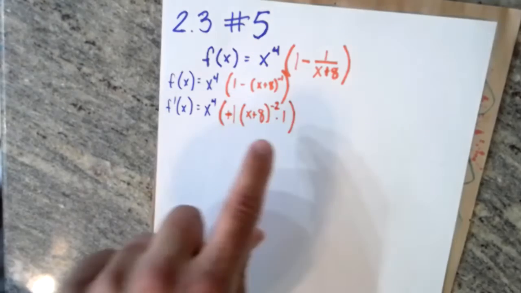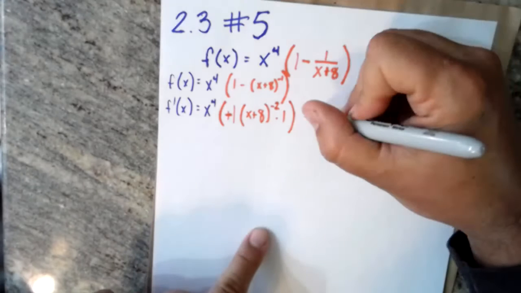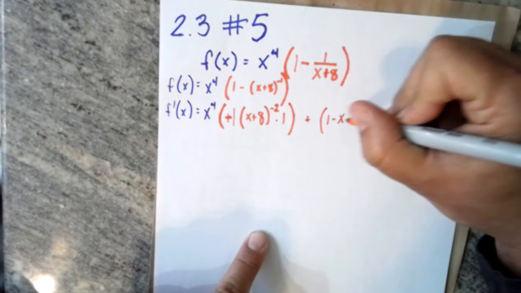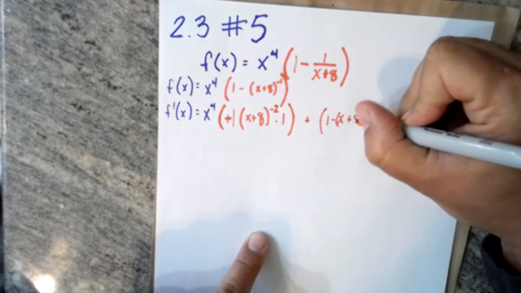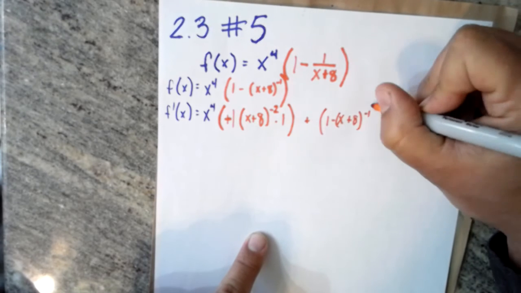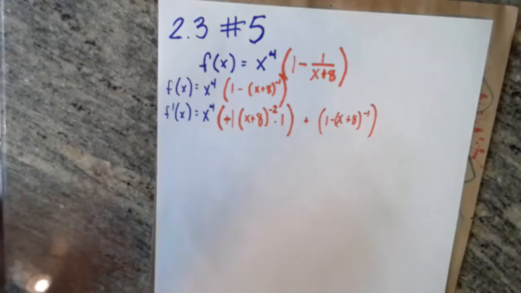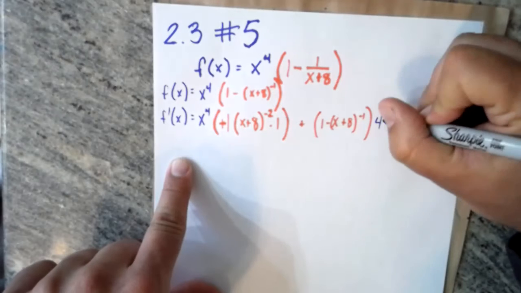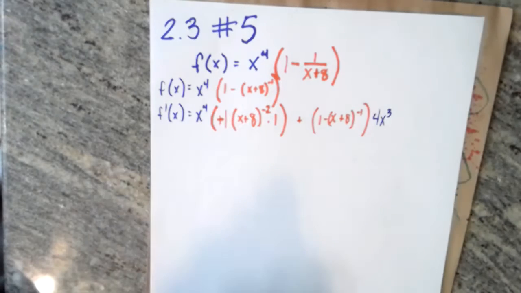So first times the derivative of the second plus second times the derivative of the first. Well, the derivative of the first is 4x cubed.